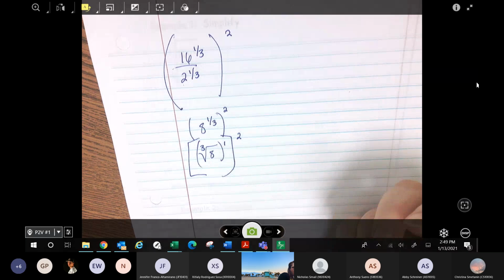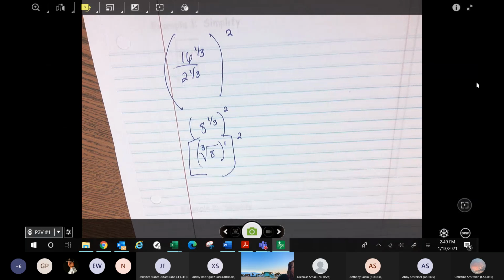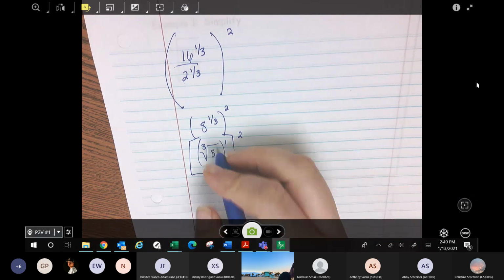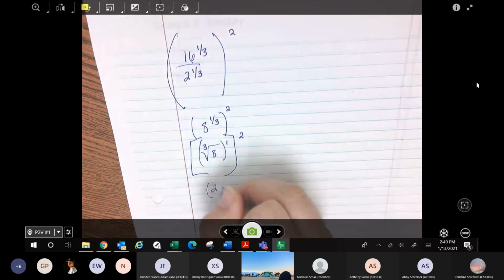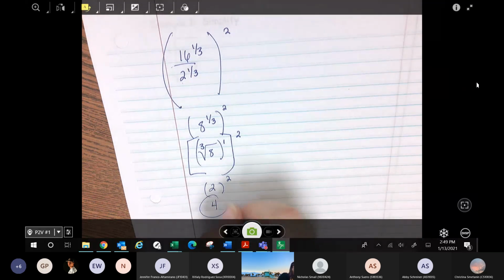What is the cube root of 8? What times itself 3 times gives you 8? Anybody? 2. So this is going to be 2, and that's just going to be 2 squared, which is simply 4.